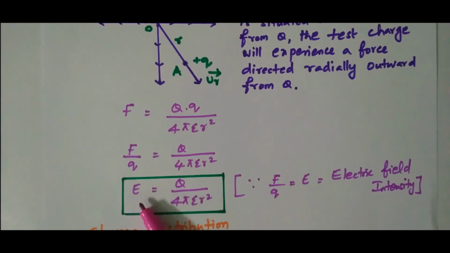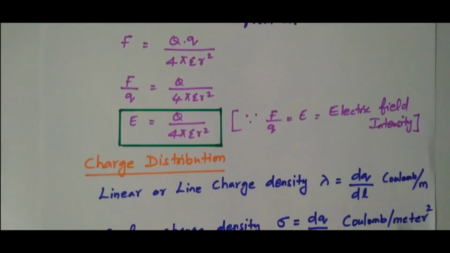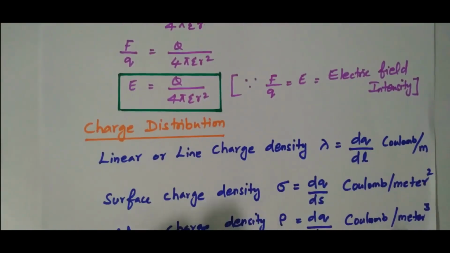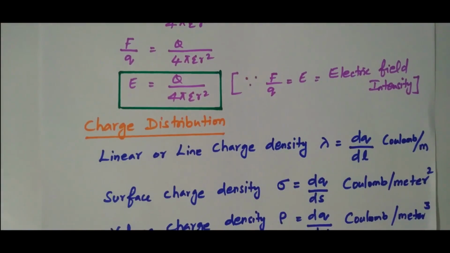This is the general formula for electric field intensity. In this derivation, we are going to start with this basic equation. Before starting the derivation, we will see the charge distribution. What charge distributions are available?